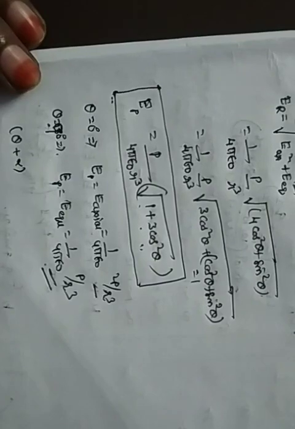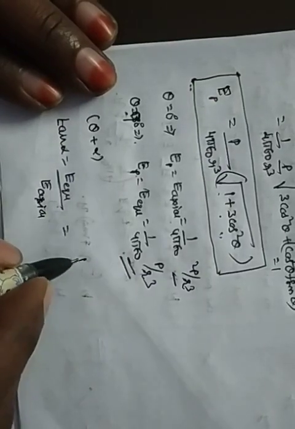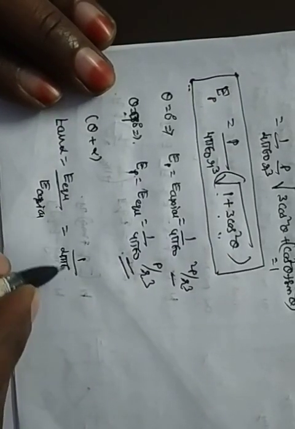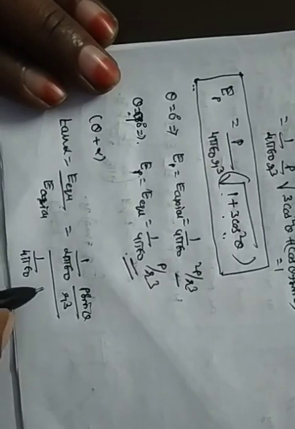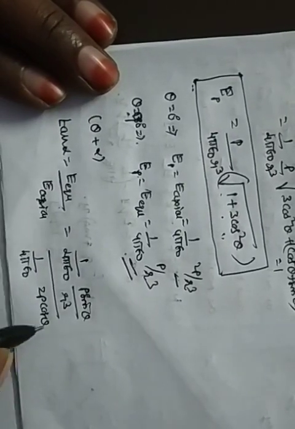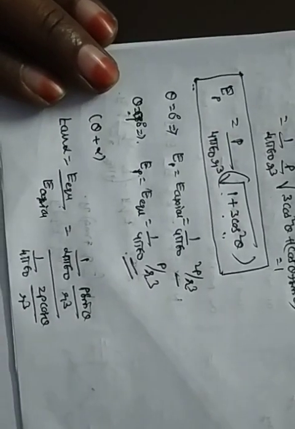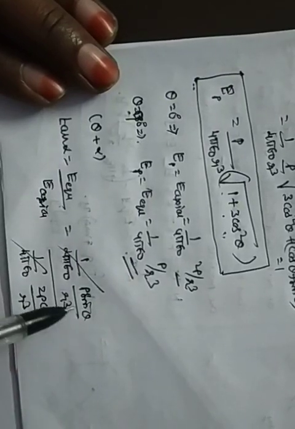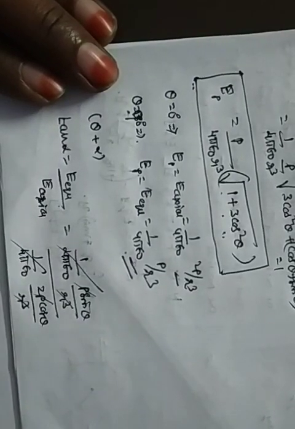E equatorial, how much did you get? 1 by 4 pi epsilon naught, p sin theta by r cube. And E axial you got 1 by 4 pi epsilon naught, 2p cos theta by r cube. This 1 by 4 pi epsilon naught p by r cube gets cancelled. Sin theta by cos theta is tan theta, so you get tan theta by 2.